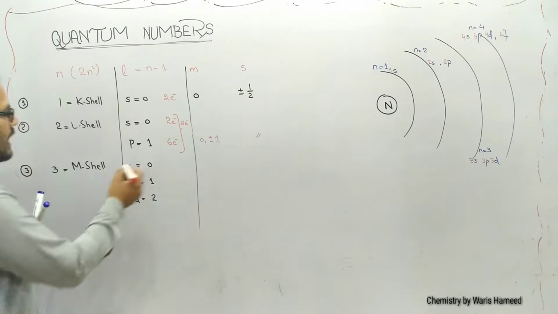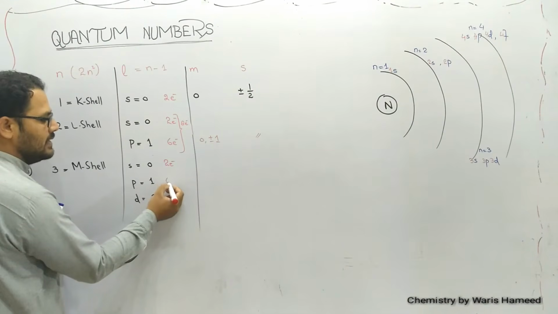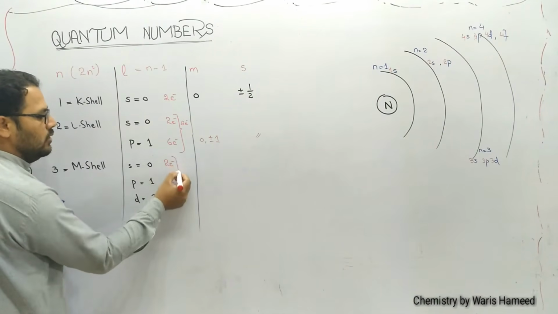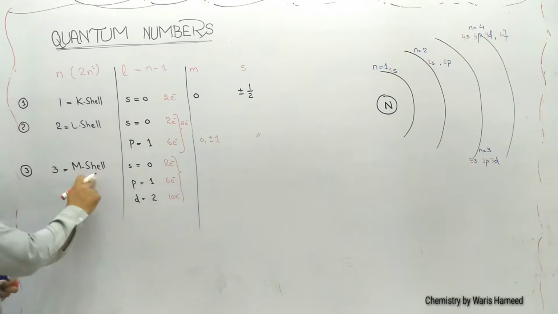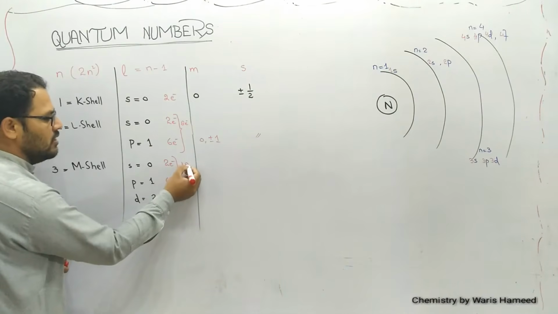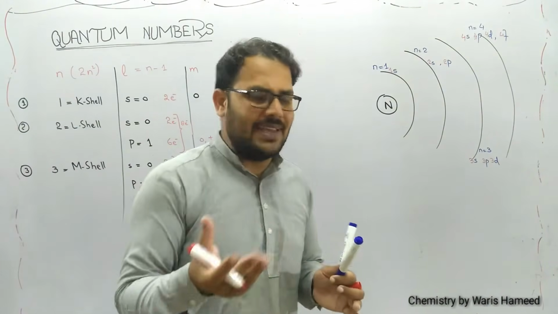And s can have 2 electrons, p can have 6 electrons, d can have 10 electrons. So the third shell or M shell may have 18 electrons, or its maximum capacity of electrons is 18.